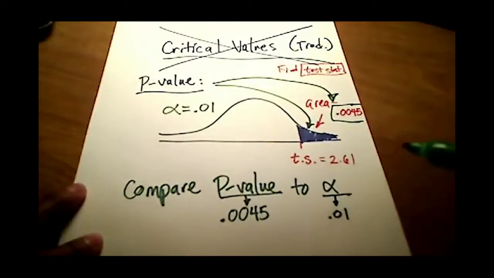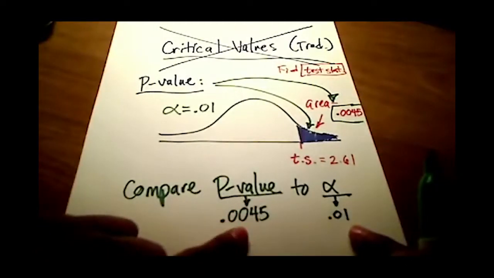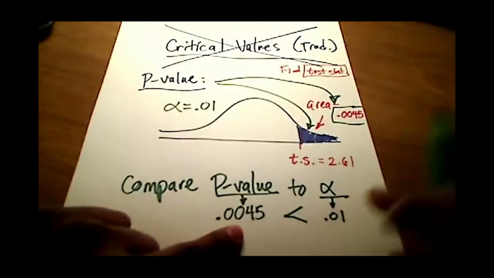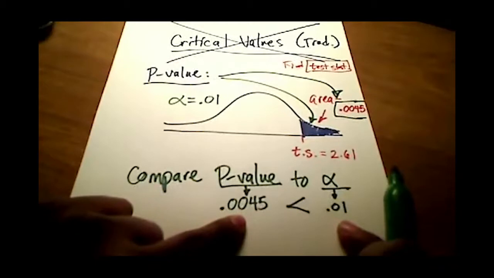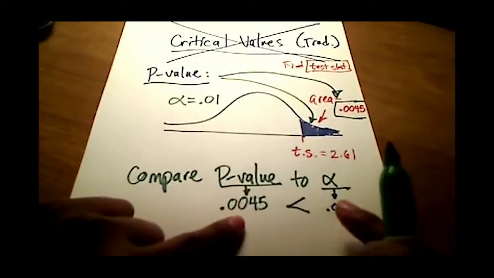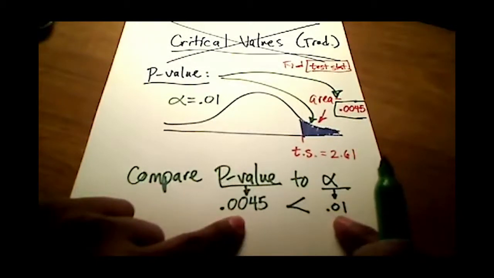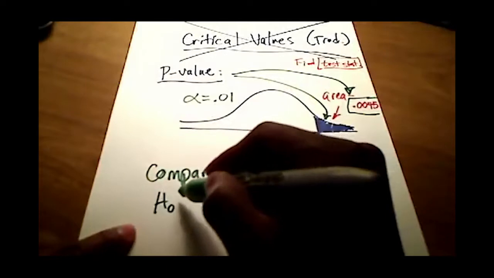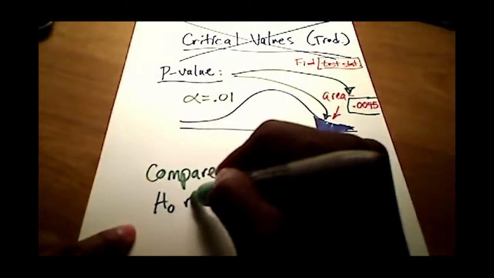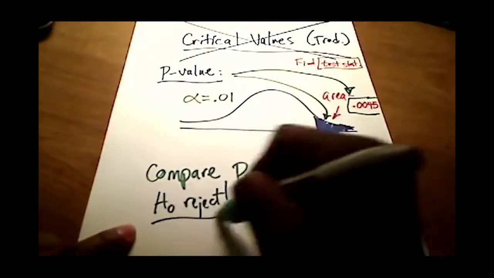As you compare these two, do you notice that our p-value is less than 0.01? And there's a phrase that goes along with this. If the p-value is low, lower than my alpha, my level of significance, then the null must go. So we're going to take the null hypothesis and we're going to reject it.